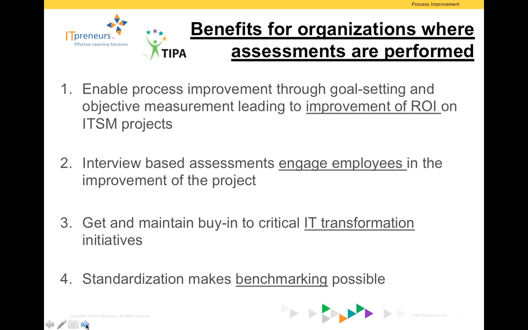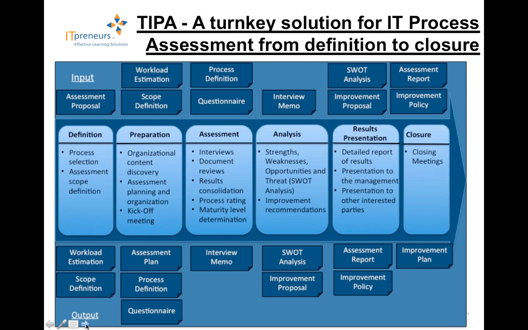This slide here shows you one big picture of what happens when we are working with TIPA. So the major activities here, and what we have as support from the methodology to help us evolve during these different stages of a process assessment. Going from left to right, we see the 6 boxes there.